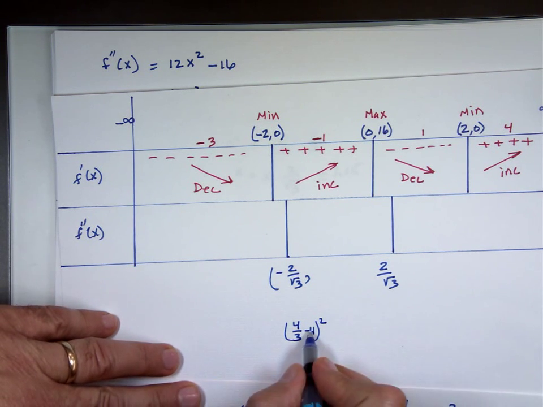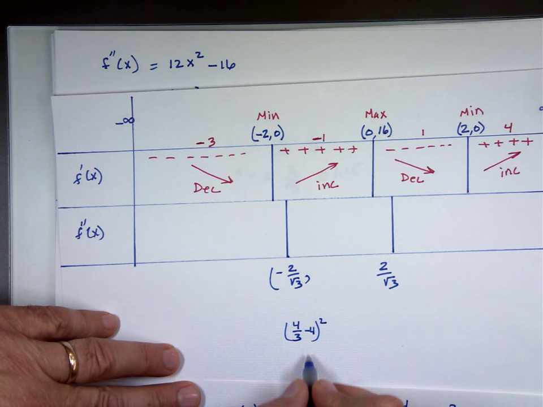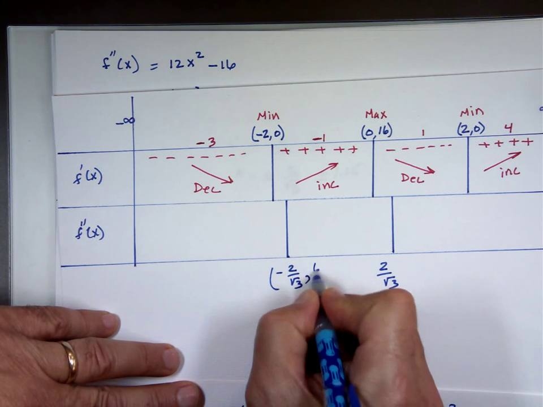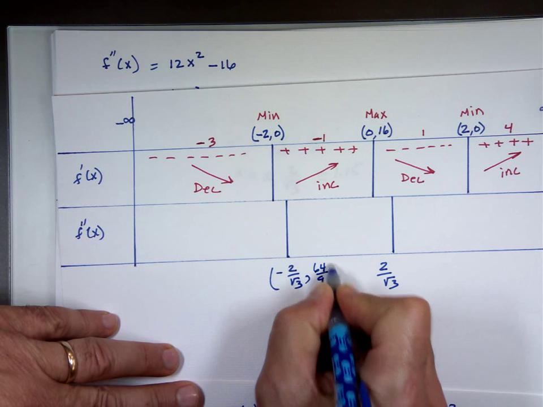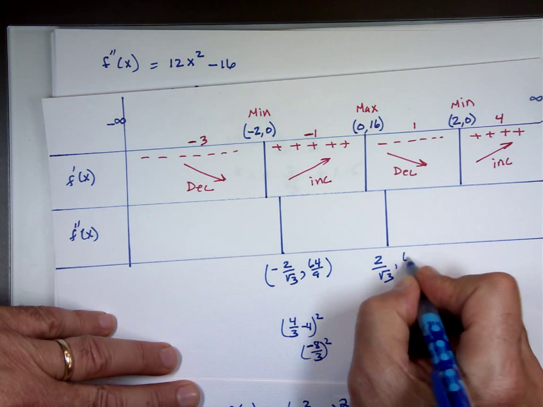What's 4 when divided by 3? That's 12 over 3. So 4 minus 12, which is what? Negative 8 over 3. Square it. That's 64 over 9. The y value. And this will also be 64 over 9. You can figure what that number is.